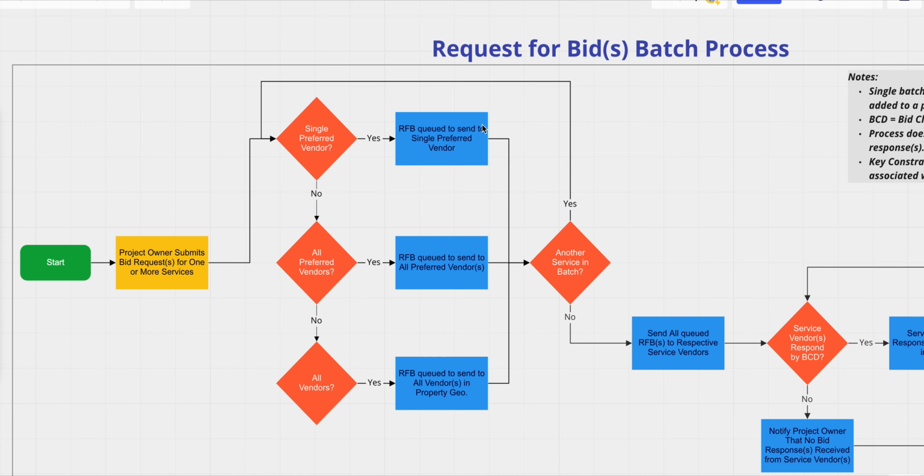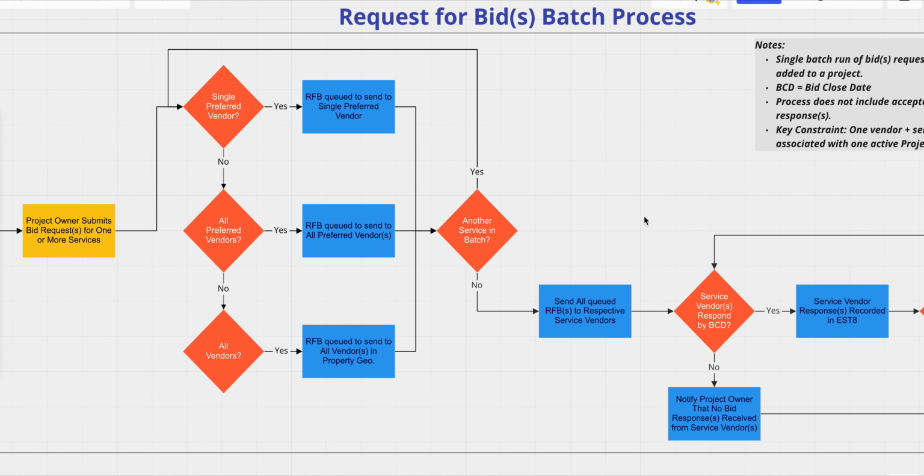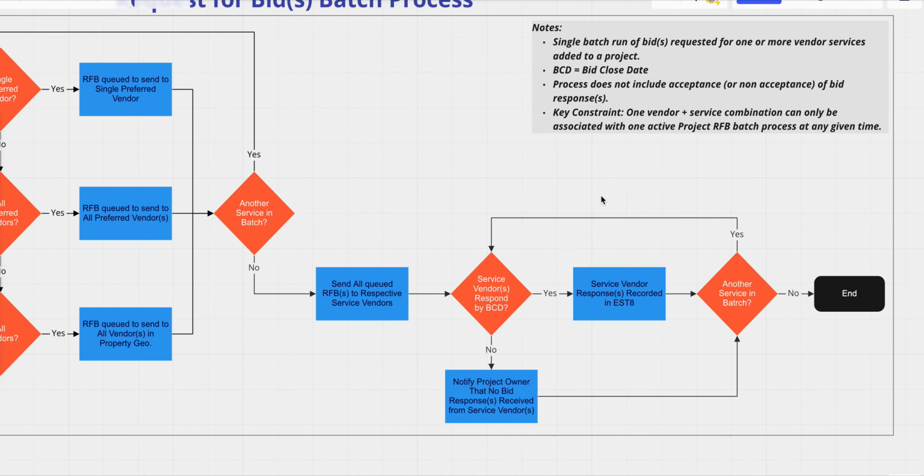Once I've gone through all 5 services here and I've filled up my queue with all the bids, I'm going to go down the line here, and it'll send all the queued requests for bids to all the respective vendors.